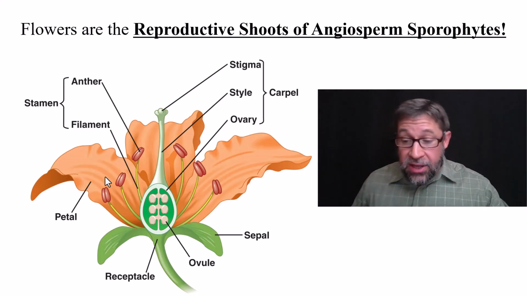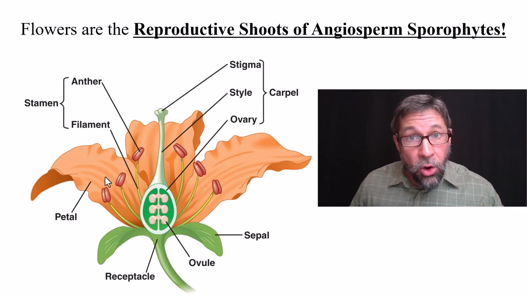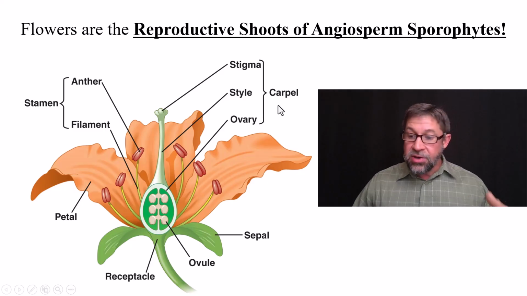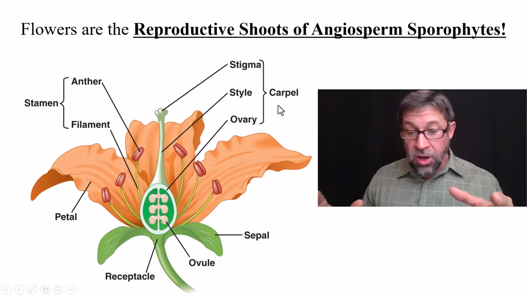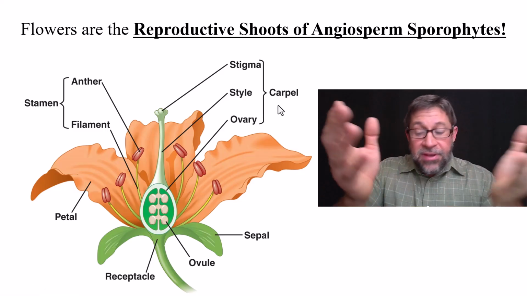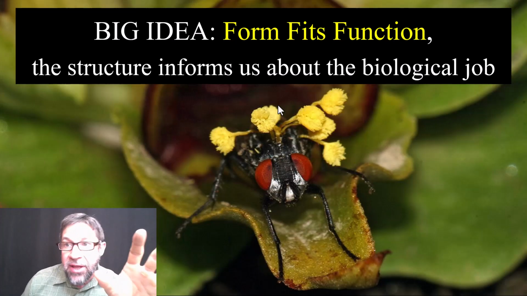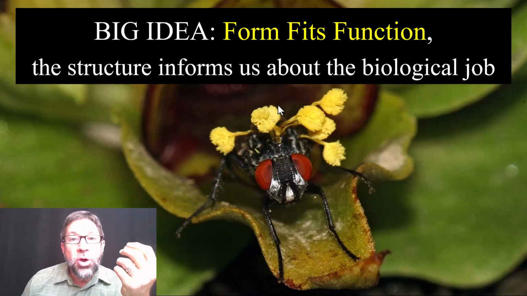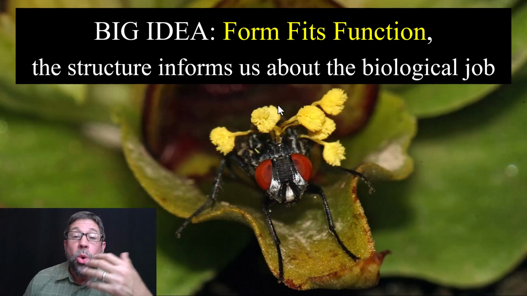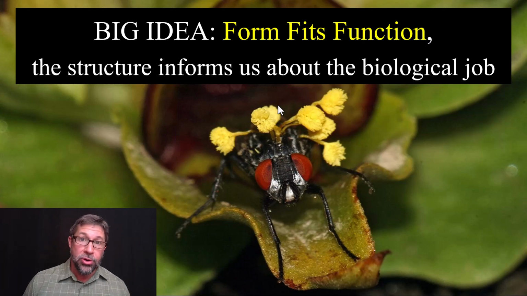Finally, in all angiosperms, the sepals and the petals are sterile modified leaves, whereas the stamen and the carpels, which are also modified leaves, those are going to produce the sperm and the egg, respectively. So, as beautiful as we may find them, the angiosperm flower has a very specific function or job. It is the angiosperm's reproductive organs.